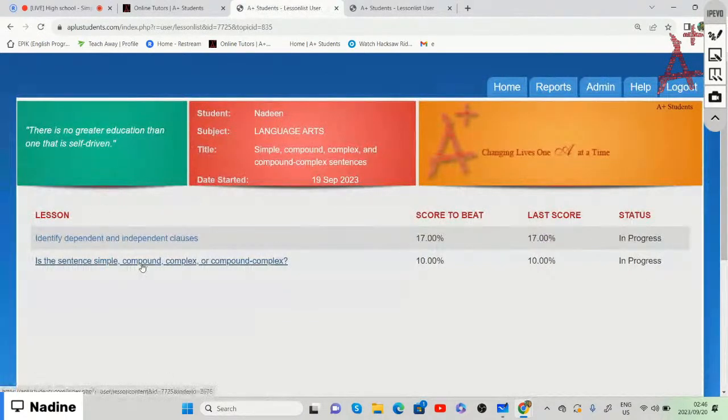All right, so that is basically our lesson chapter on simple, compound, complex, and compound complex sentences, right? And we say a simple sentence expresses a complete thought. There's a subject and a verb.